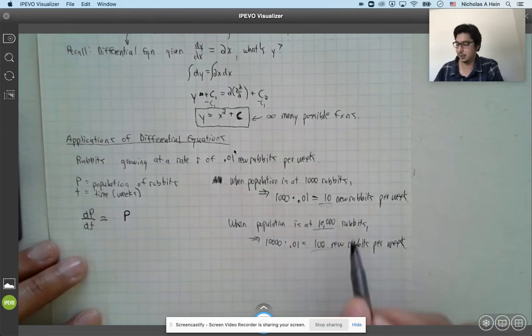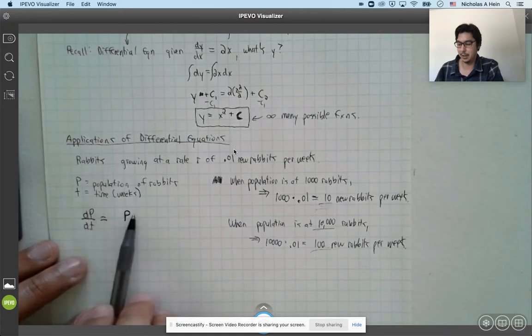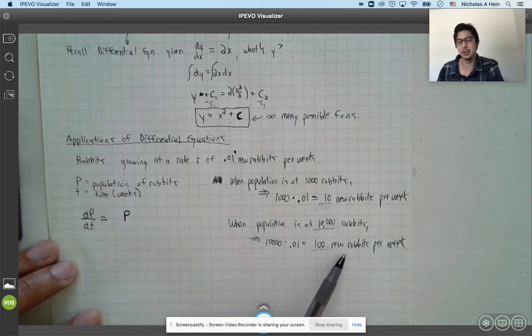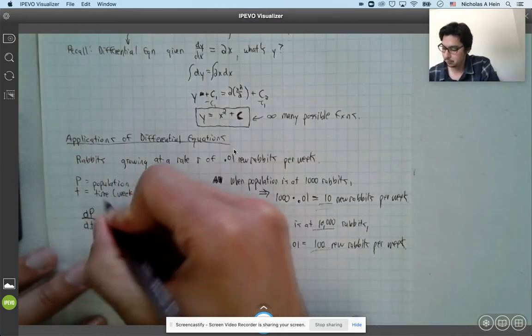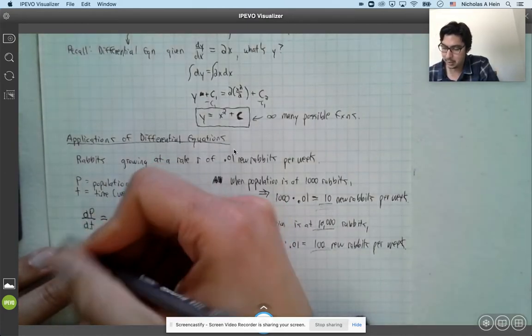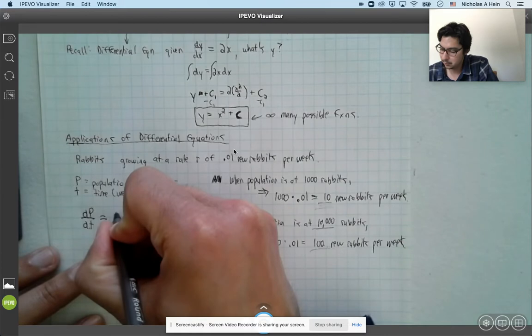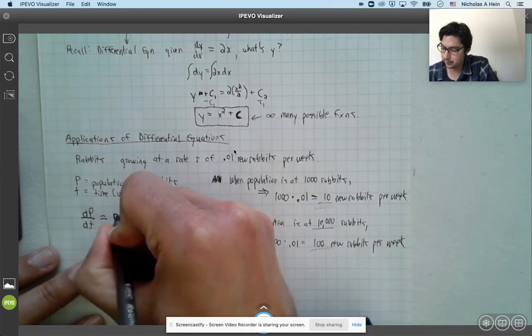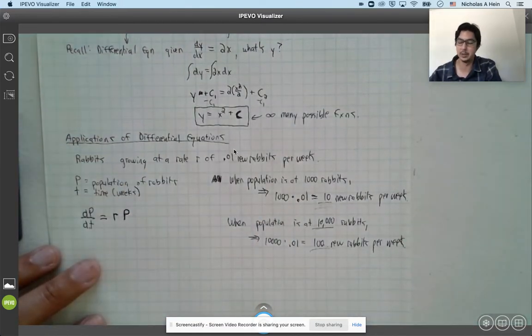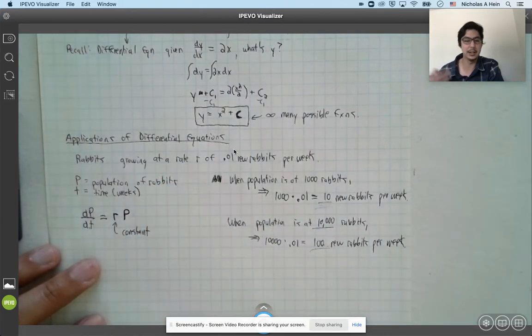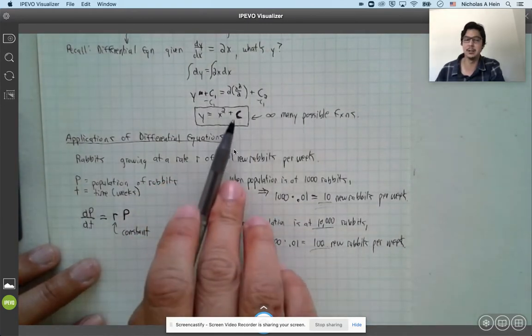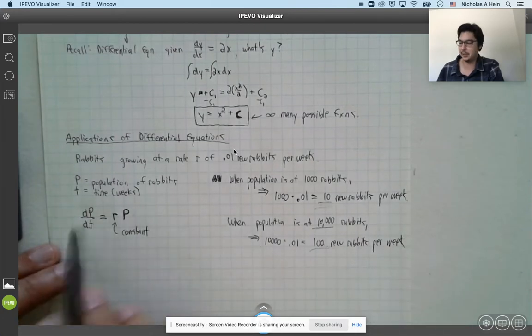These are changing, but they are related. If the population changes, the rate also changes. How are they related? They're related by some constant, which I'll call R here, which is what we used for the rate. There can be a lot of different constants there, which is like the constant we've been hitting at. So there's a differential equation there.